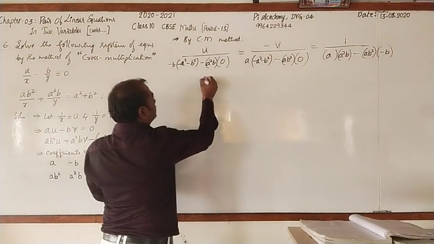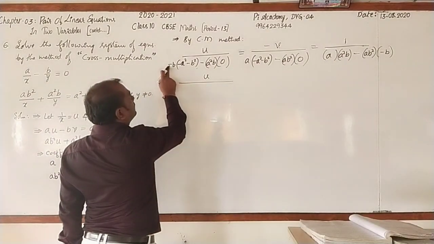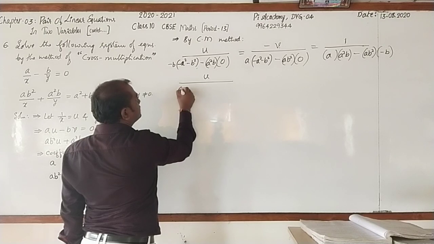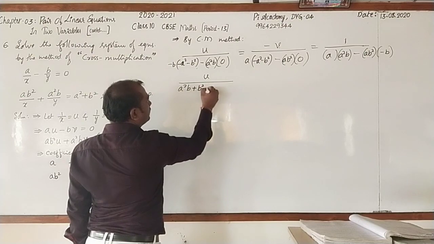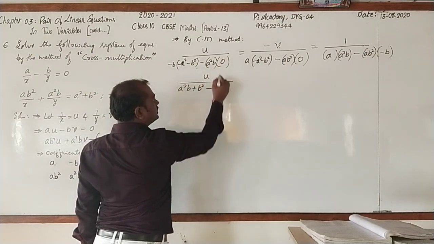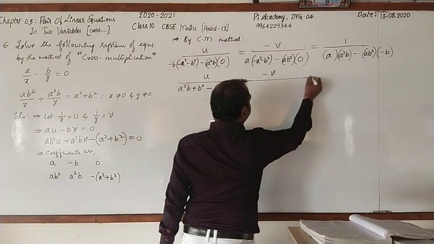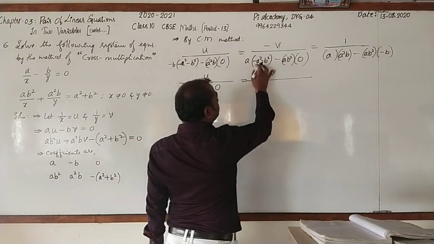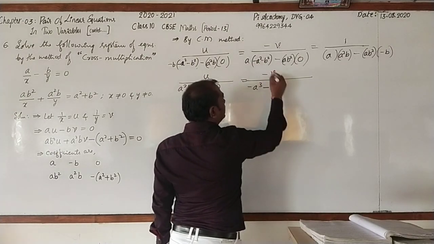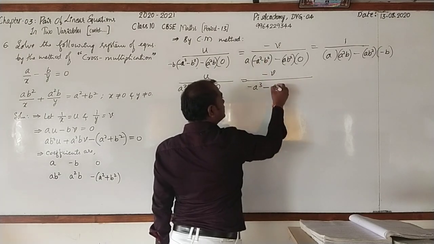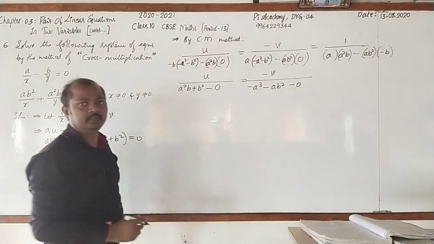Now let's simplify. U by, please start, you have to write with me. Multiply minus b into minus a square plus b square, minus into minus plus, a square b minus a square b into 0, it is 0, is equal to minus v by, a into minus a square minus a cube, a into minus b square, sorry, minus ab square, minus ab square into 0, it is 0.